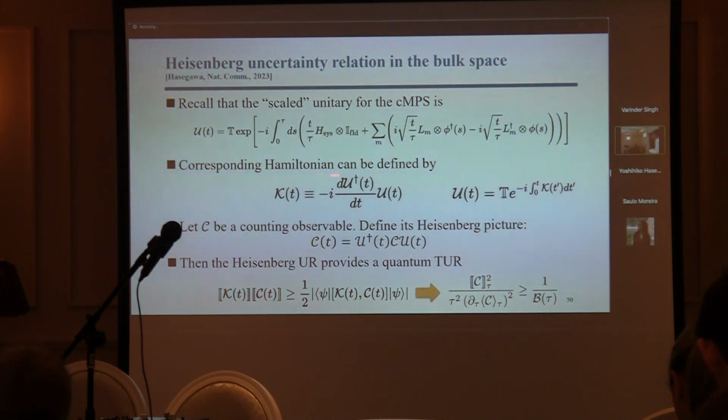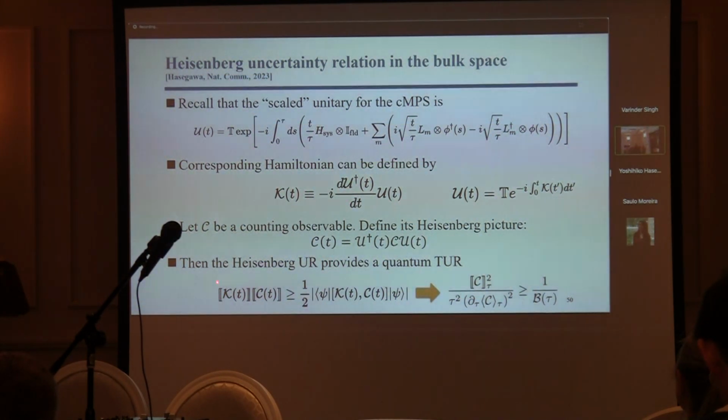And with this, this U can be represented by this matrix exponential. And let N be a counting observable, which counts the number of jump events. Then let us define its Heisenberg picture version of the operator. Then the Heisenberg uncertainty relation provides a quantum TUR.